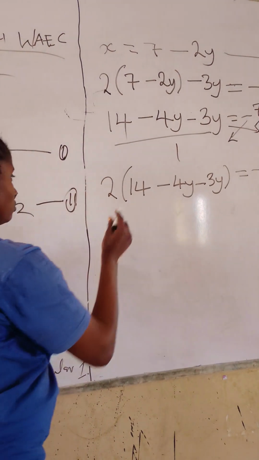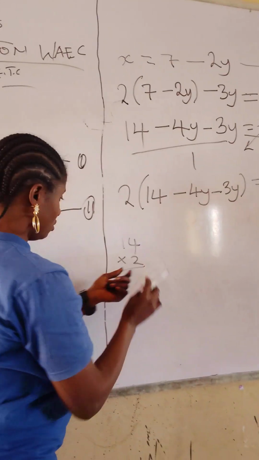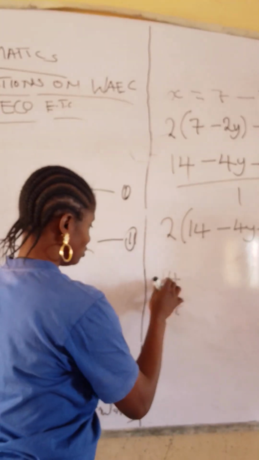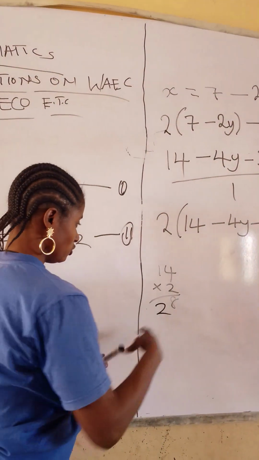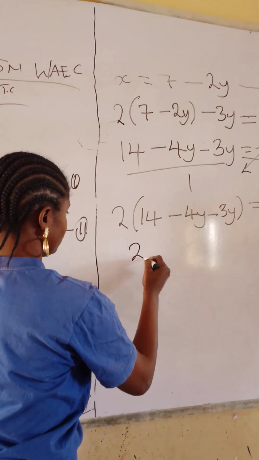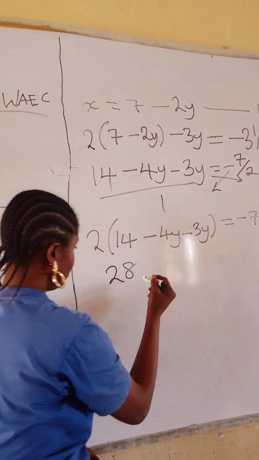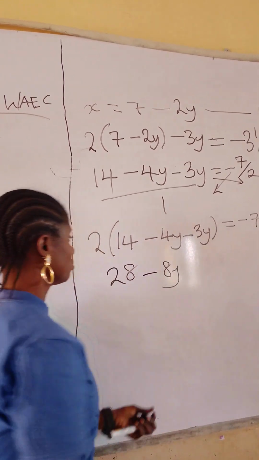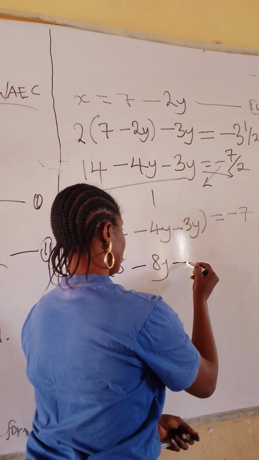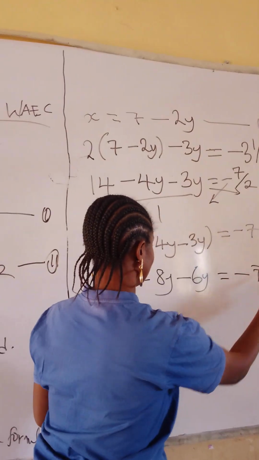We'll expand it. We say 14 times 2 is 28. 2 times 4y is minus 8y. 2 times 3y is minus 6y, is equal to minus 7.